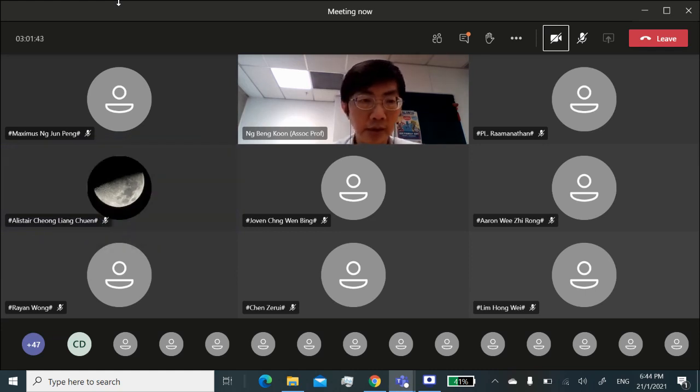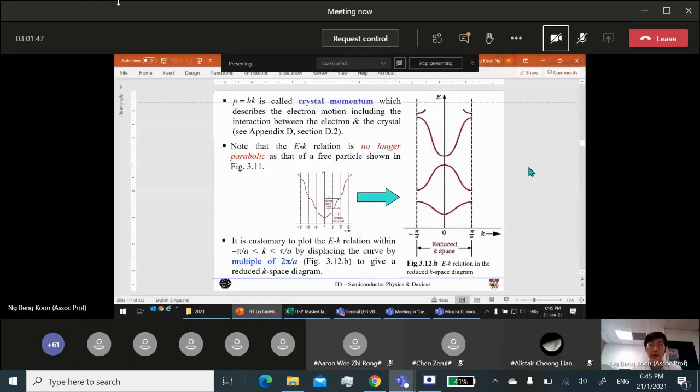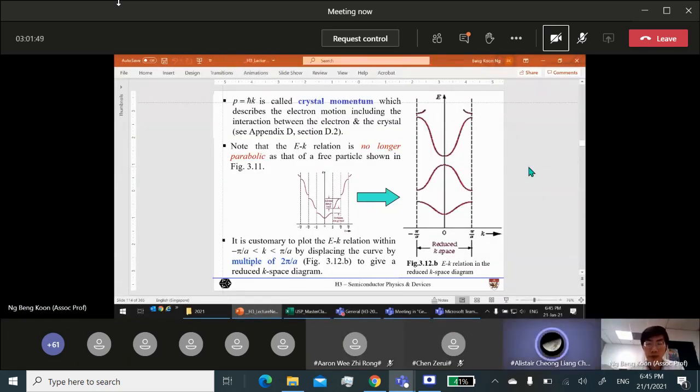I think you're talking about this, right? I think you may have mixed this up with the one where you show the energy splitting and eventually they come to equilibrium, right? This two graph is different. This is E against K, energy against momentum. The other graph is energy of electrons versus separation between the atoms.